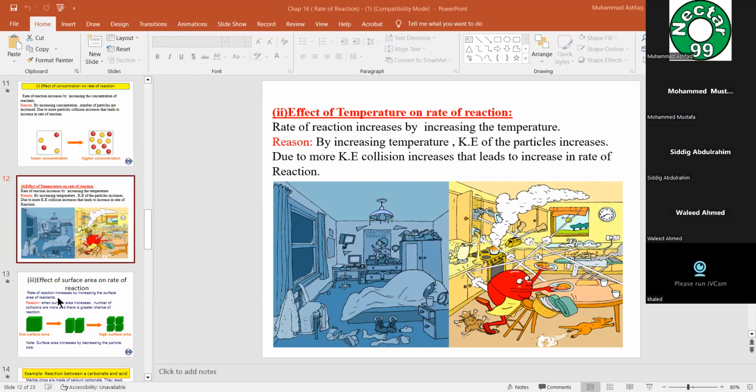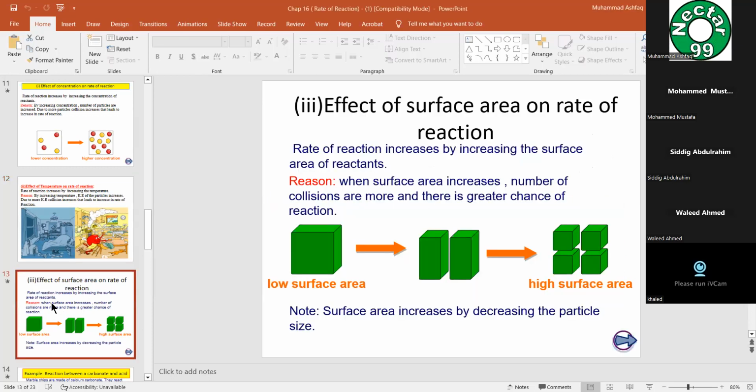After this, the third thing that affects the rate of reaction is the surface area. You know very well, just to observe the thing, this box may look bigger, but unfortunately it has low surface area. And you know why? Because I already explained this. As you make it into pieces and pieces, smaller and smaller, even a fine powder, the smaller you make it, the more you increase its surface area.